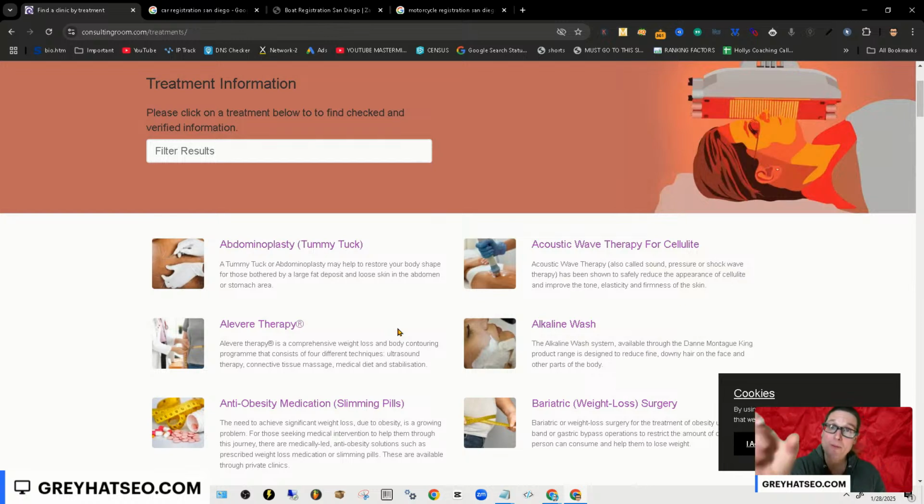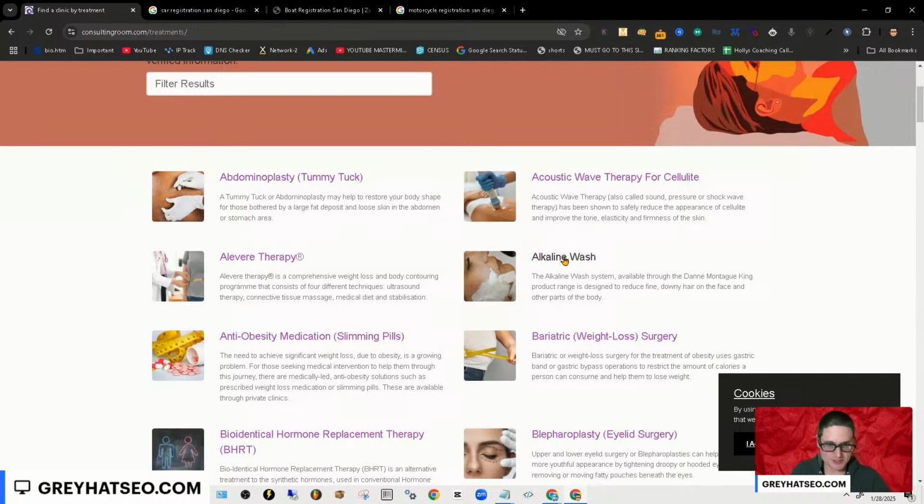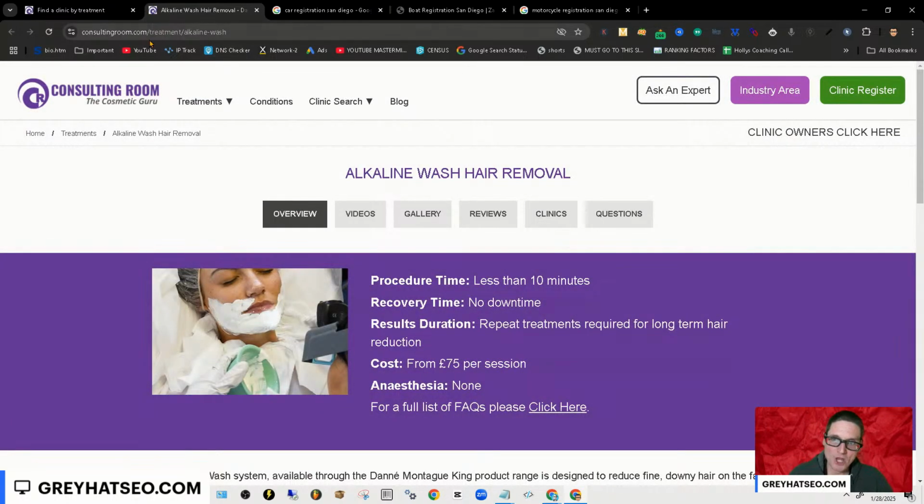So we have a top level page for treatment, and then we're going to swipe all types of secondary terms or secondary services underneath. For instance, and I'm just showing you structure. All right. Now, what we're looking at here is, let's just say it's alkaline wash. All right. So as you can see here, we have treatment / alkaline wash.